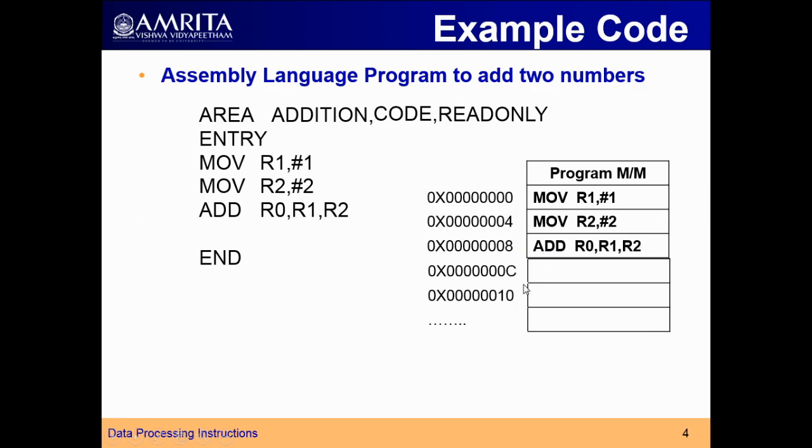But in our case, from the next location onwards we do not have any instruction, because only 3 instructions are there. So what will happen to the processor? In the case of an embedded system, the processor will start executing the code from the starting location 00.